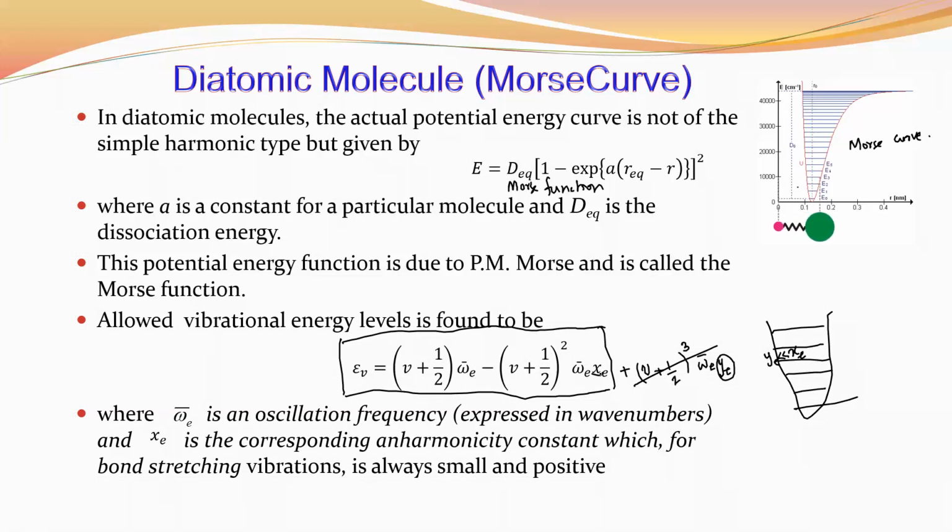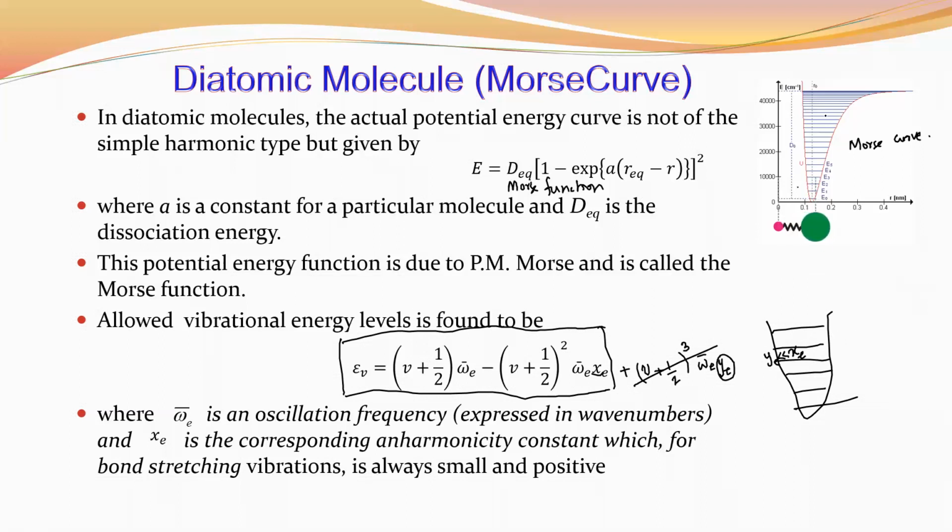X is a very small quantity, but when we increase the quantum number, this value must increase. As X is a positive quantity, a quantity will be subtracted from each level. So when we increase the value of v, there must be a reduction in the energy.